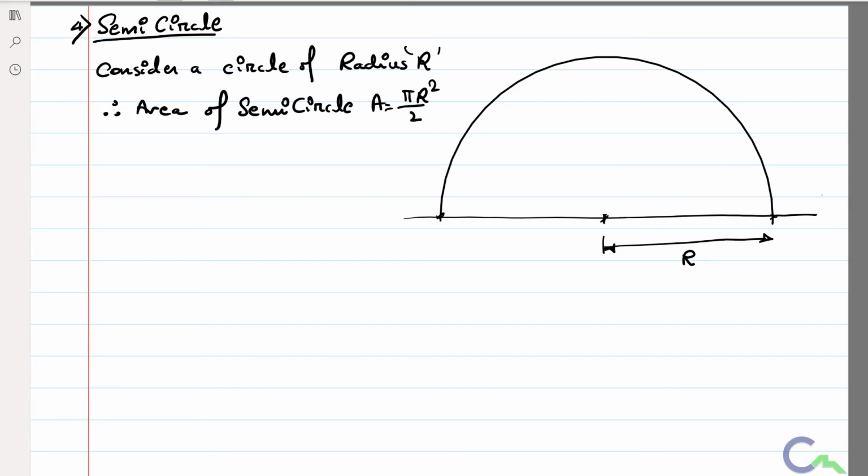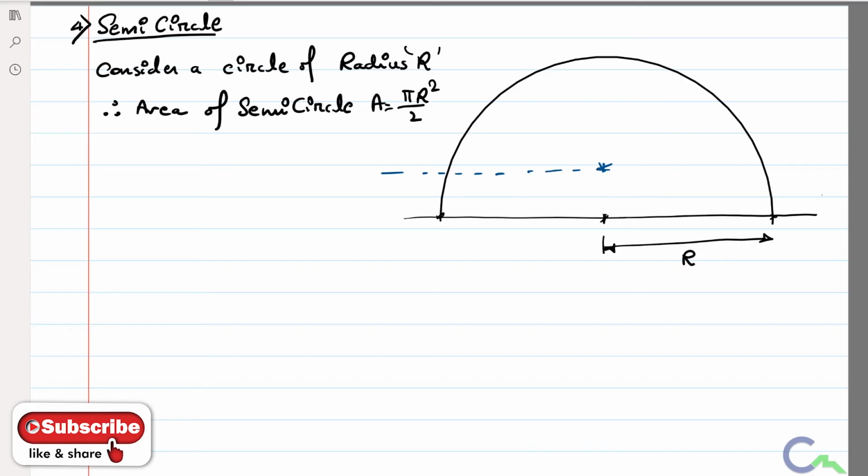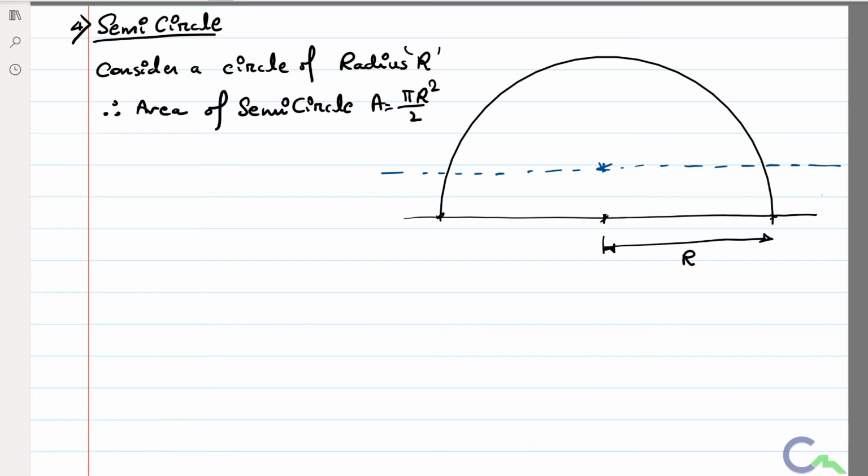I will locate the centroidal axis as per the derivation, that will be somewhere here from the centroid concept. y bar will be at 4r by 3 pi. Then this is the x-x centroidal axis and the y-y centroidal axis will pass like this. I will take this as y-y.